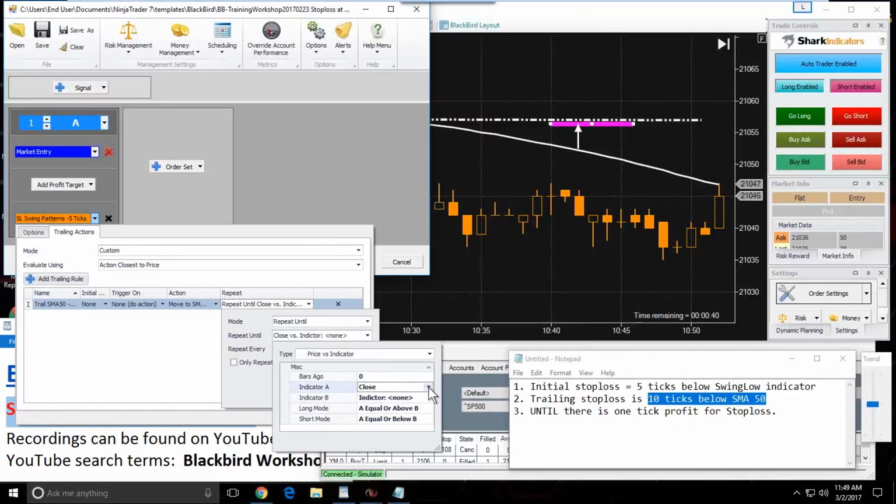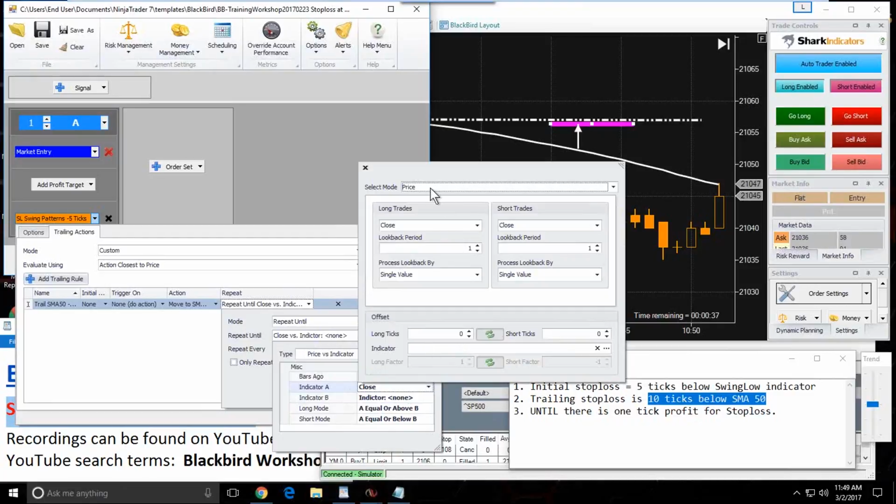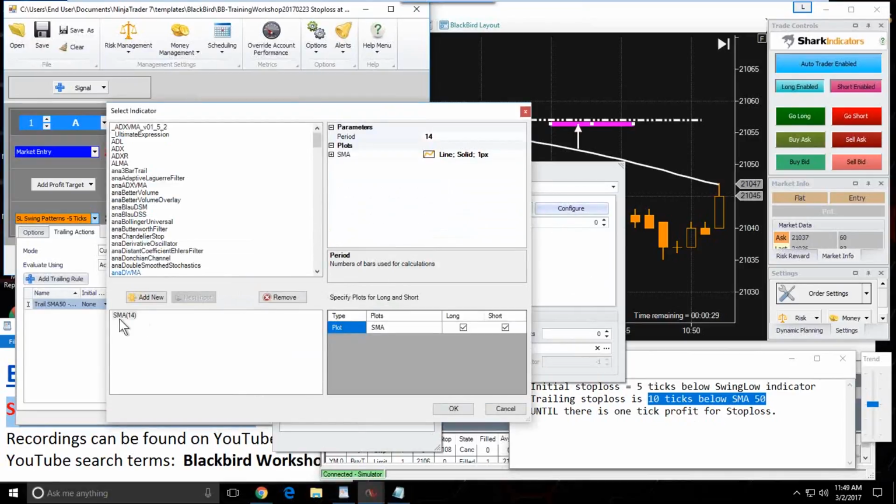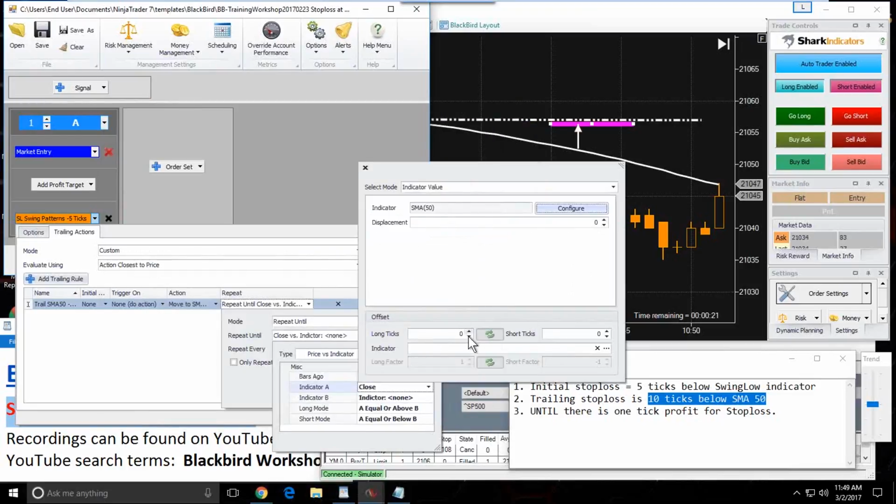So for indicator A, I'm going to set this to our SMA 50, using an indicator value. And remember, our stop loss is following the SMA 50, 10 ticks below it, or for a short trade, 10 ticks above it.